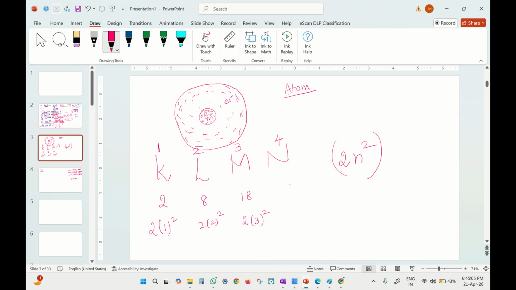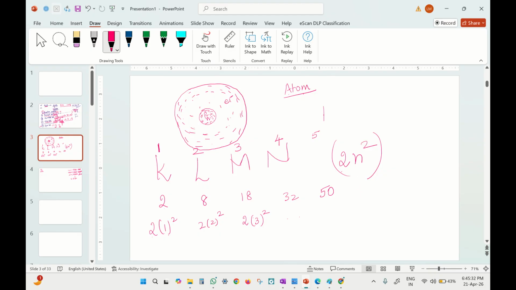Yes, Vishak, how many in the last? Now the last one will be 2 times 16, so 32. Then the next shell, the fifth shell, though we don't have a name for it. But what will be the number of electrons in it? 2 times 5 square, 50. Was it okay?